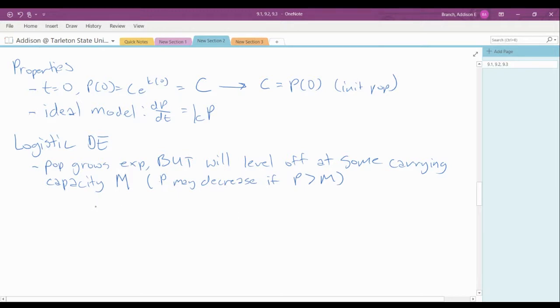Mathematically, our initial ideal model can work, or at least be very similar, as long as our population is small enough. And if we get above our carrying capacity, our population has to decrease, therefore our growth rate would be negative.